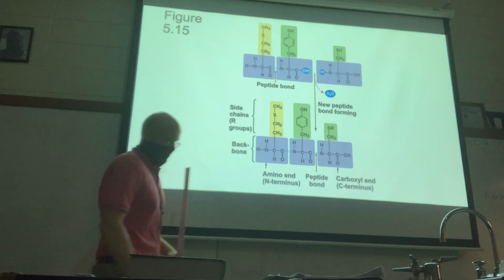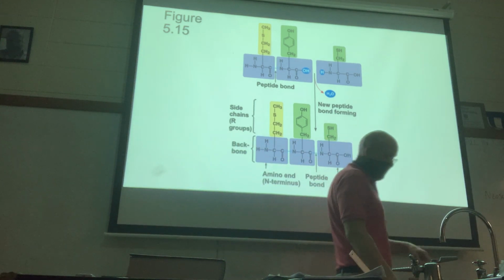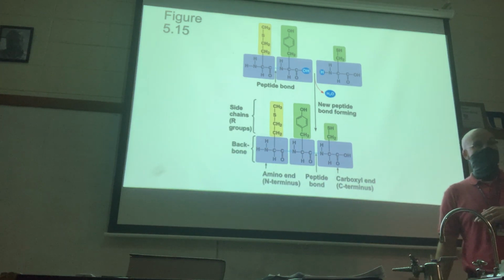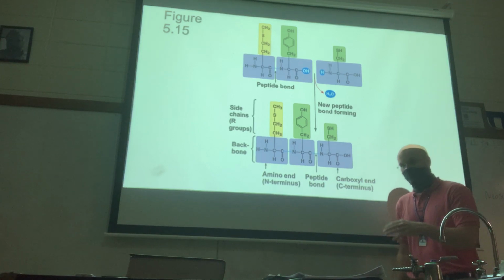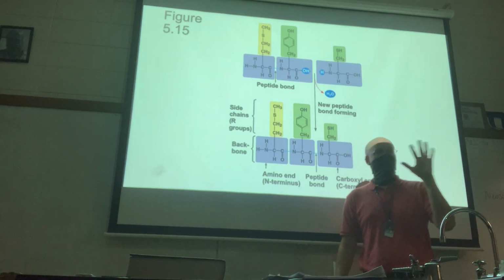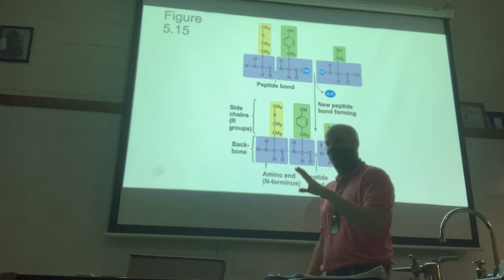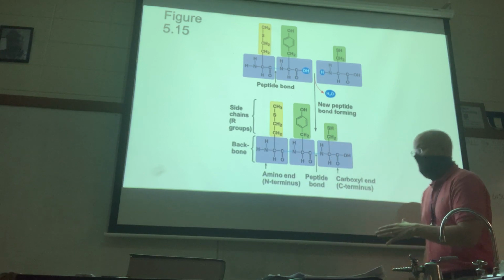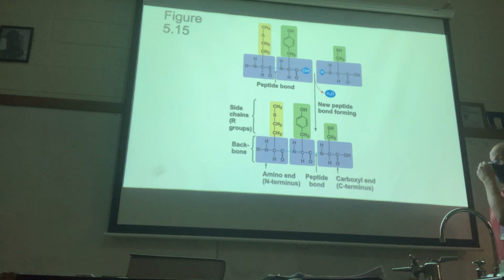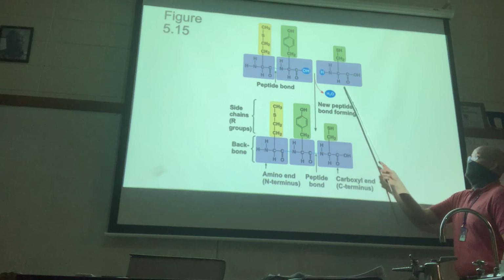All right. So to get a protein, you need dozens of amino acids at the very least. It's something around 50 amino acids that you would need before you could actually have what we call a protein. And they all have to be bonded together. Does this look familiar?